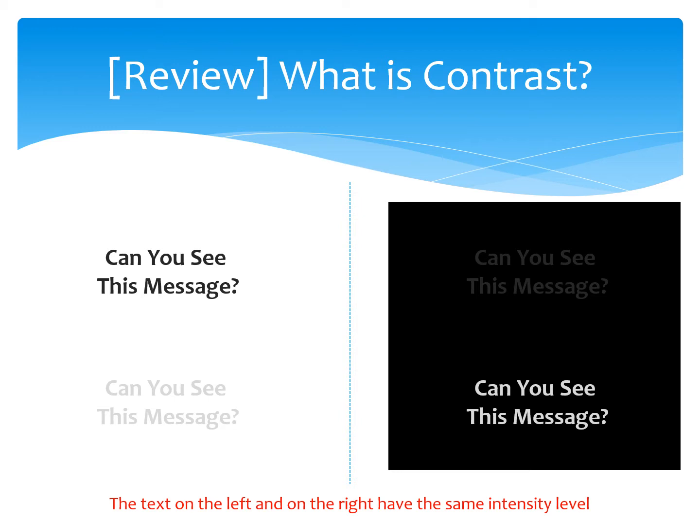Comparing all four messages, you can see both messages on the upper left and at the bottom right have high contrast, while the two messages on the upper right and at the bottom left have low contrast.